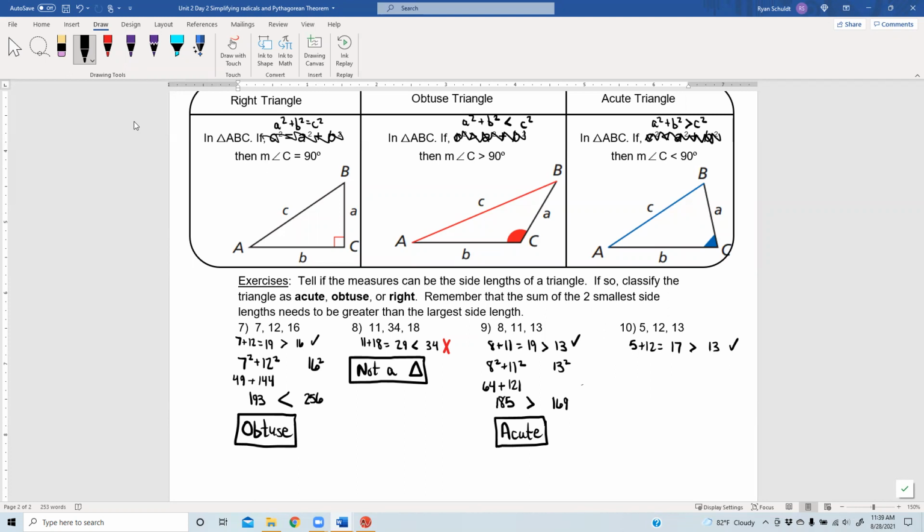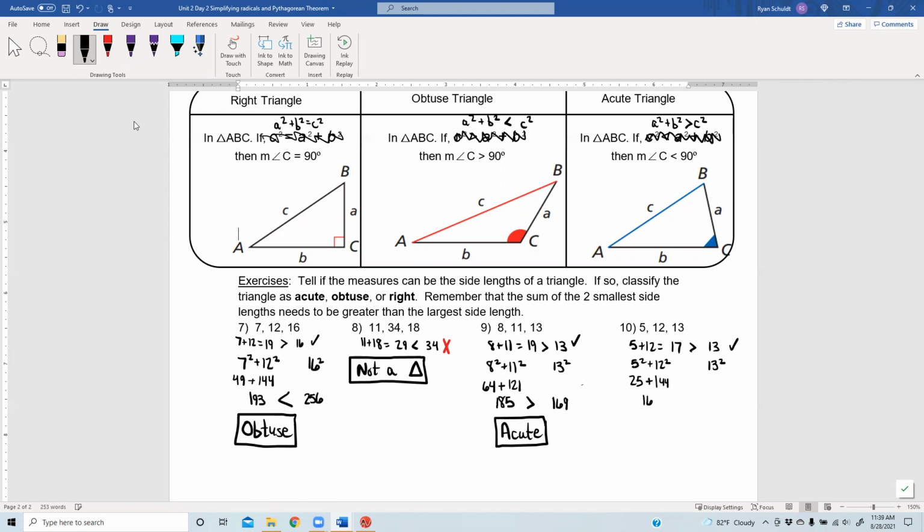Okay, and then last one is number 10. So I need to compare 5 squared plus 12 squared to 13 squared. So 5 squared is 25 plus 12 squared is 144.